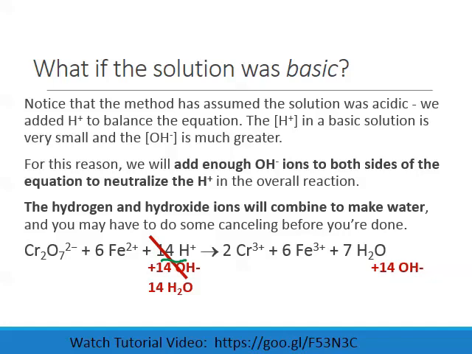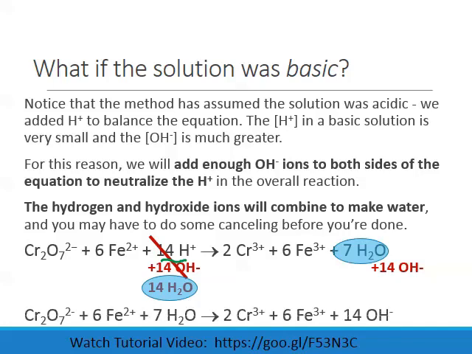Now there's 14 waters on the left, but there's 7 waters on the right. So if you think about it, the difference between 14 and 7 is 7 waters. And since there were more water on the left, we'll cancel 7 from both sides, and what we'll end up getting is this.